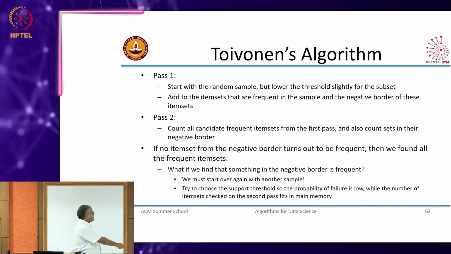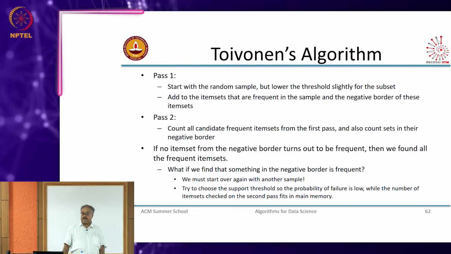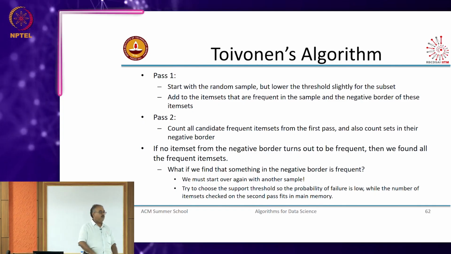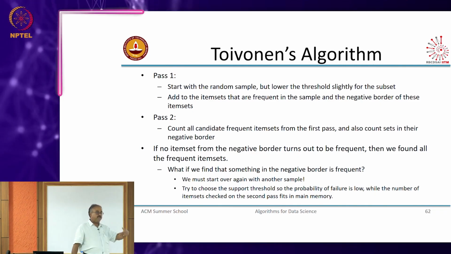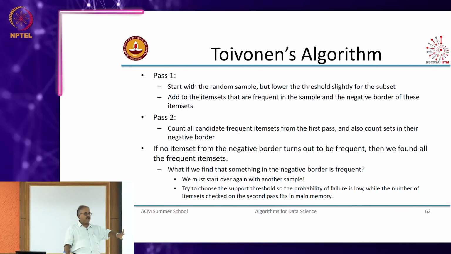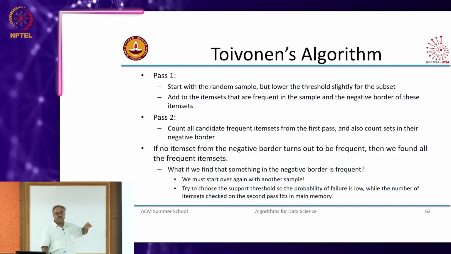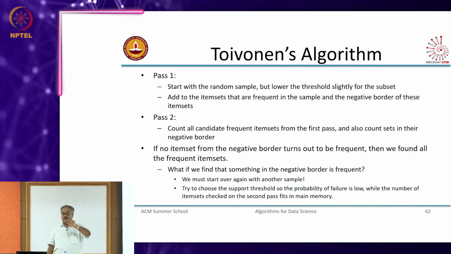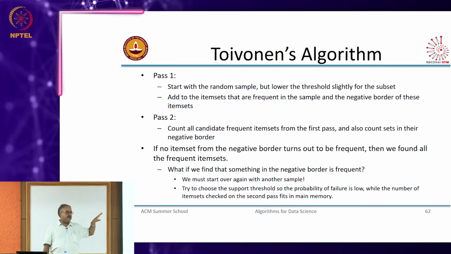Then if no item set in the negative border turns out to be frequent in the real data, alright, we are done. Some of the candidate frequent item sets that turned out to be frequent in the sample could turn out to be not frequent in the real data.